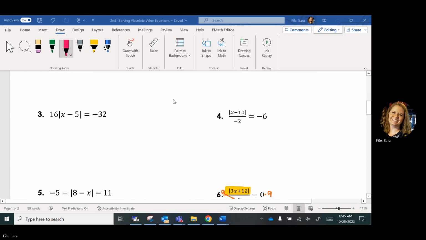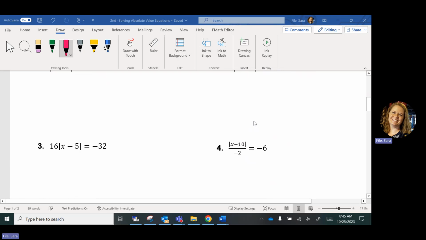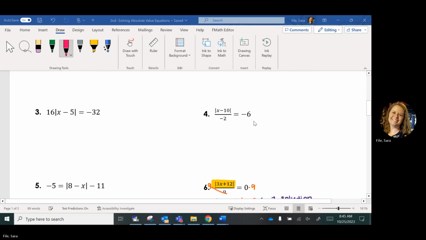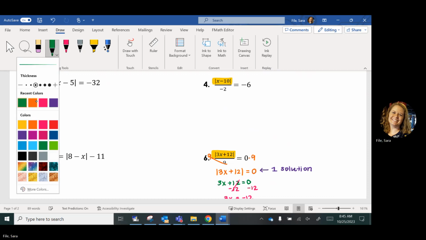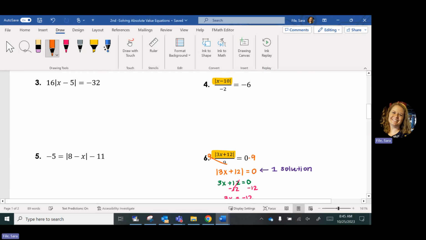Okay. All right, let's take a look at number 4, and then y'all will be released to do the rest on your own with your partners or group members. All right, so I need to do step 1. This is not isolated. So how am I going to get rid of that -2 that's being divided? What did we do here to get rid of the divided by 9?